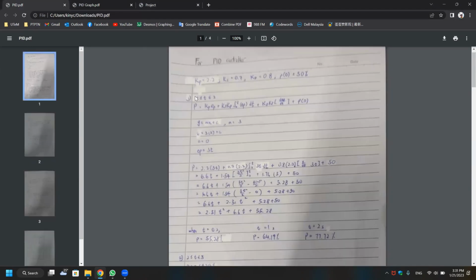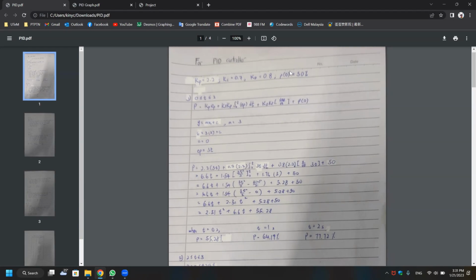So okay, for part 1, T is between 0 and 2, so the formula for P is KP plus KP integrate T from 0 to T of EP dt plus KD KP differentiate of EP over dt plus P of 0, because it starts from 0.